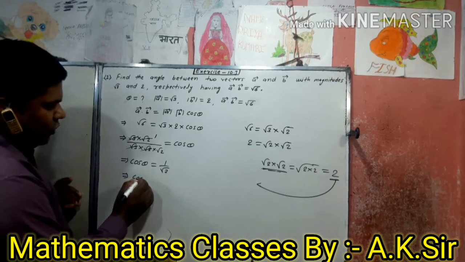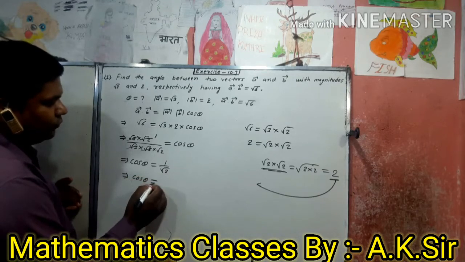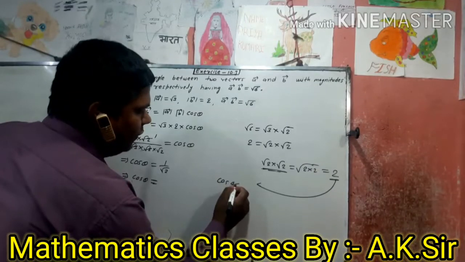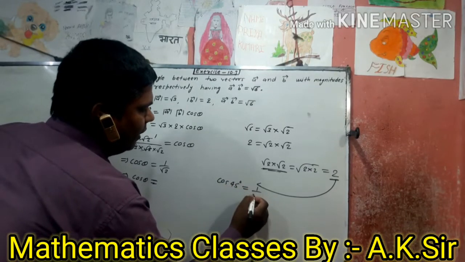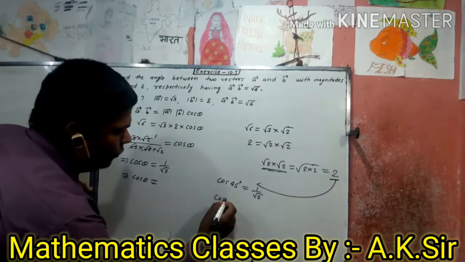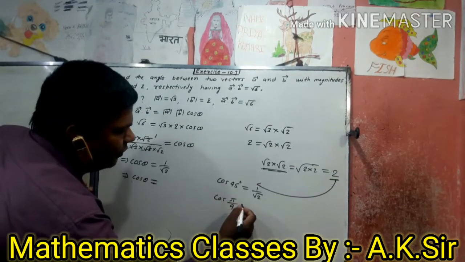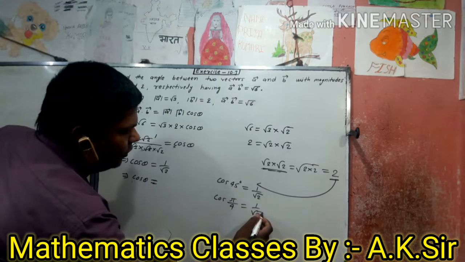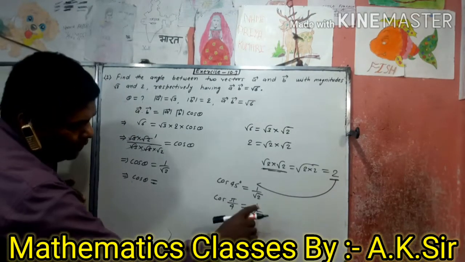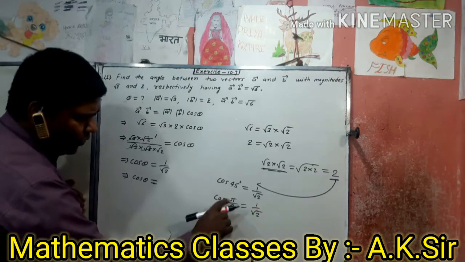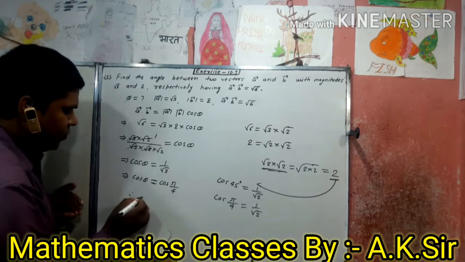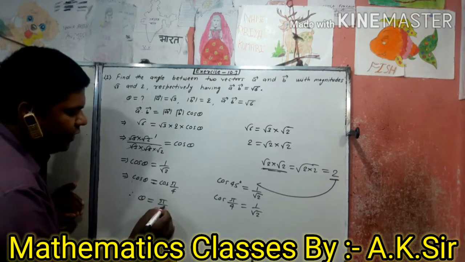We know that cos 45 degrees is equal to 1 by under root 2. In radians, cos pi by 4 is equal to 1 by root 2. So in place of 1 by root 2 we write cos pi by 4, so theta is equal to pi by 4.